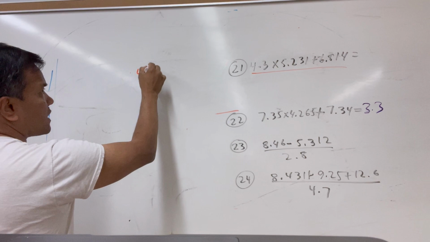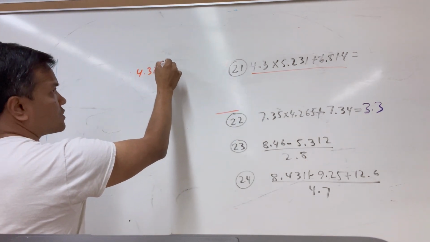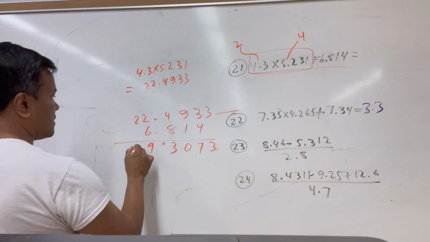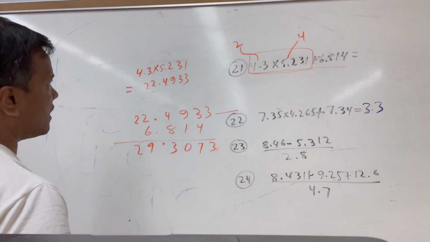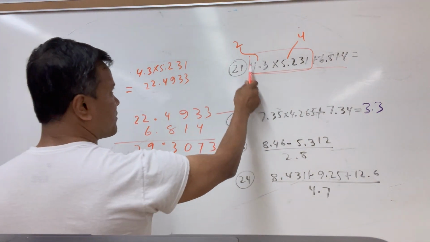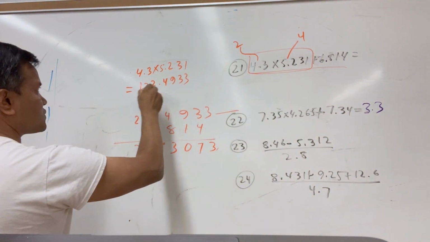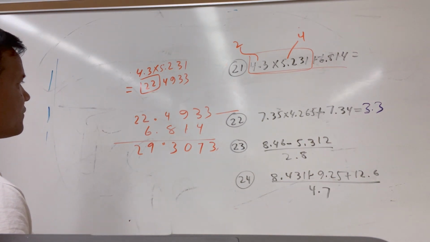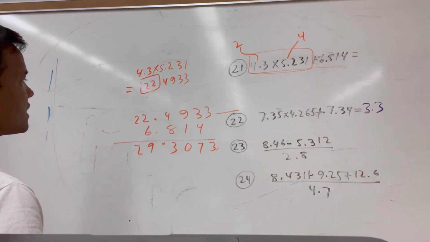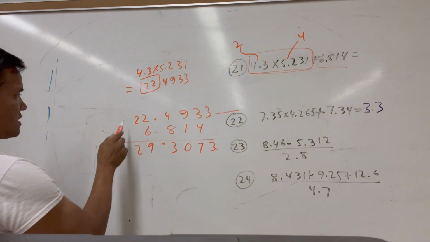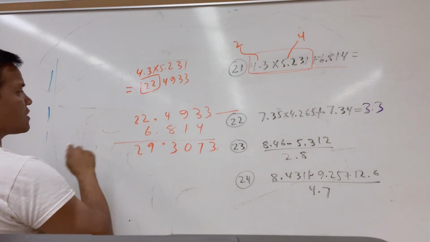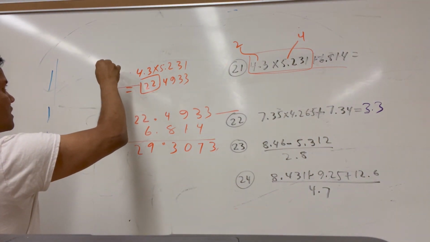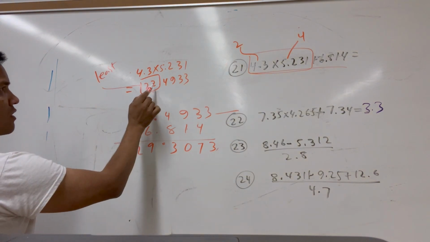Times 5.231. 22.49. All right, so now let's see. So you cannot have more than 2 sig fig, so this is 2 sig fig. All right, so when you have the 2 sig fig and then this one, you cannot have more than 2 sig fig. So then this is the least precise, because you only allow 2 sig fig.